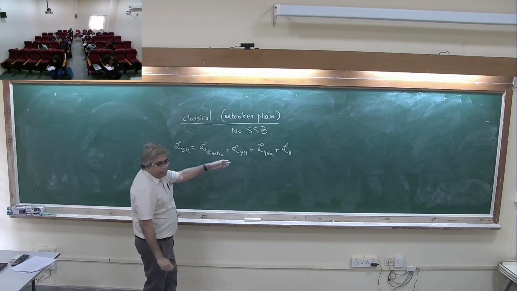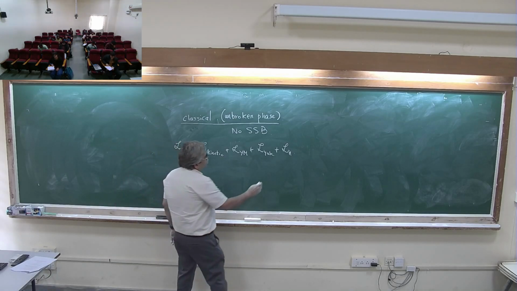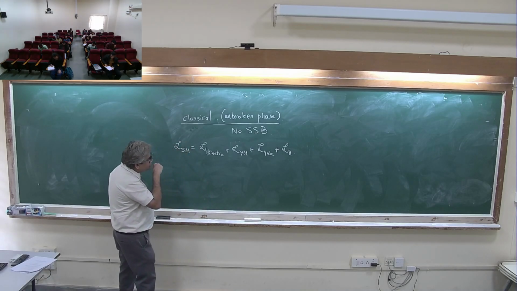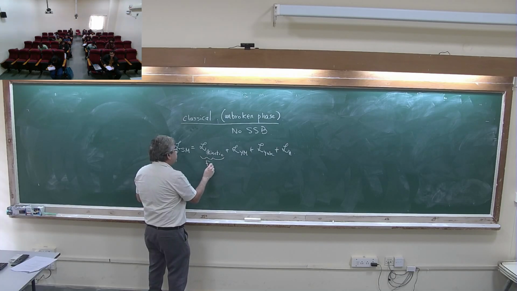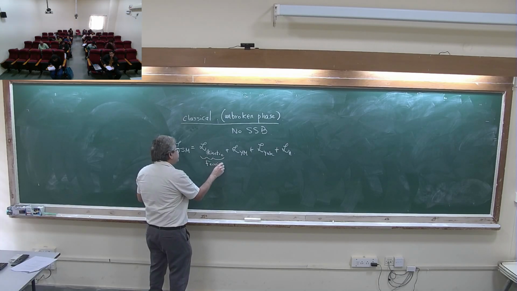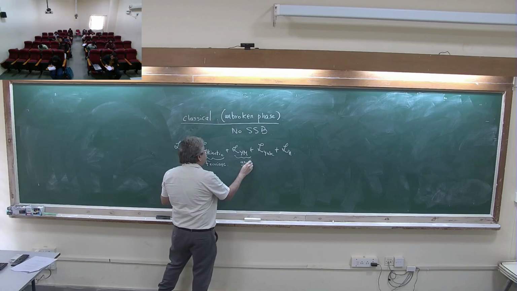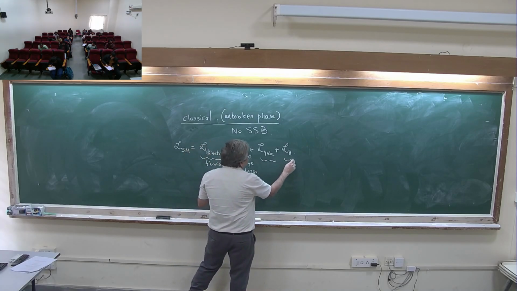If I use a different notation, I will use Higgs and scalar interchangeably. Now, what is this part? This part is the fermionic part. Gauge boson. This is the gauge part, it's obvious. This is scalar.